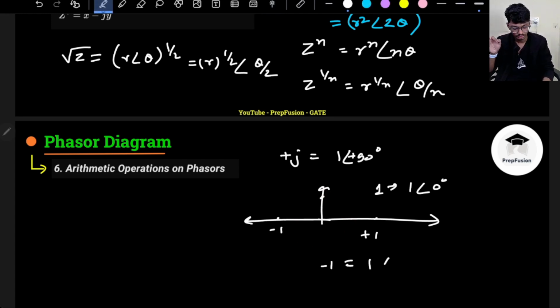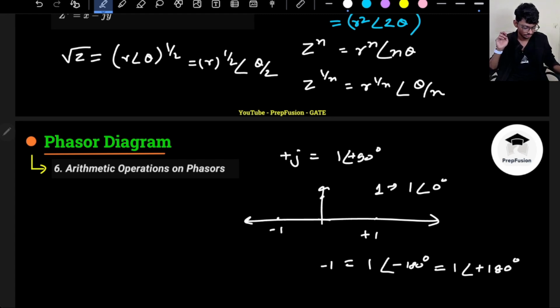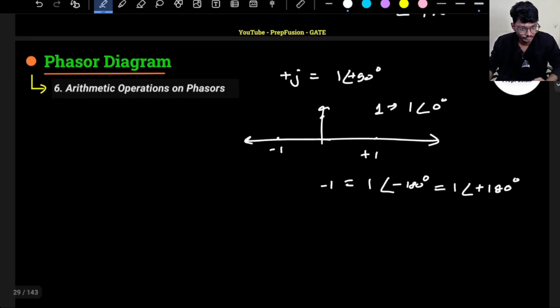Magnitude is 1, but the angle is either minus 180 or plus 180, that's it. So that is the thing over here. I hope you have understood this point.